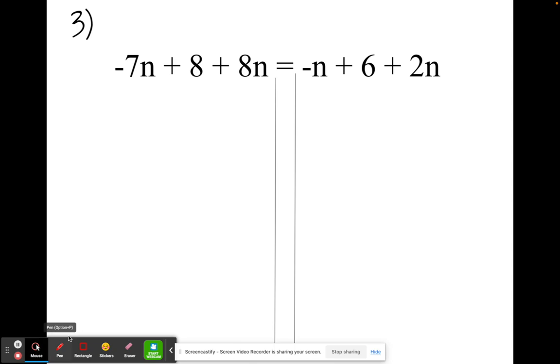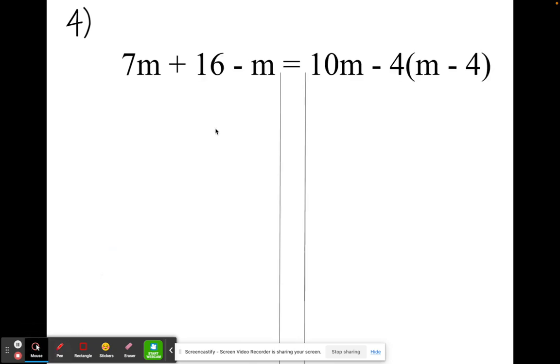Okay, let's look at another example. 7m plus 16 minus m. Well, I get some like terms. 7m minus m will give me 6m plus 16. And on the other side, I need to distribute.